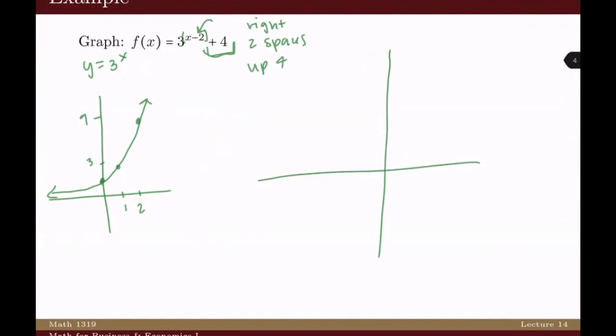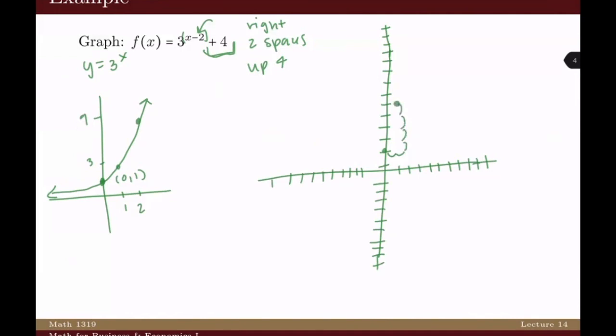Let's pick the point 0, 1. Instead of being 0, 1, which is here, we're going to go to the right 2, and then up 4. So 1, 2, 3, 4.